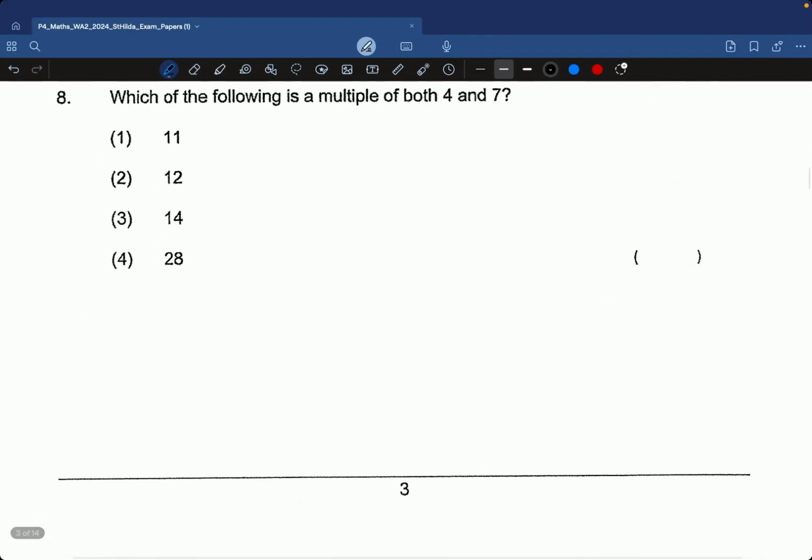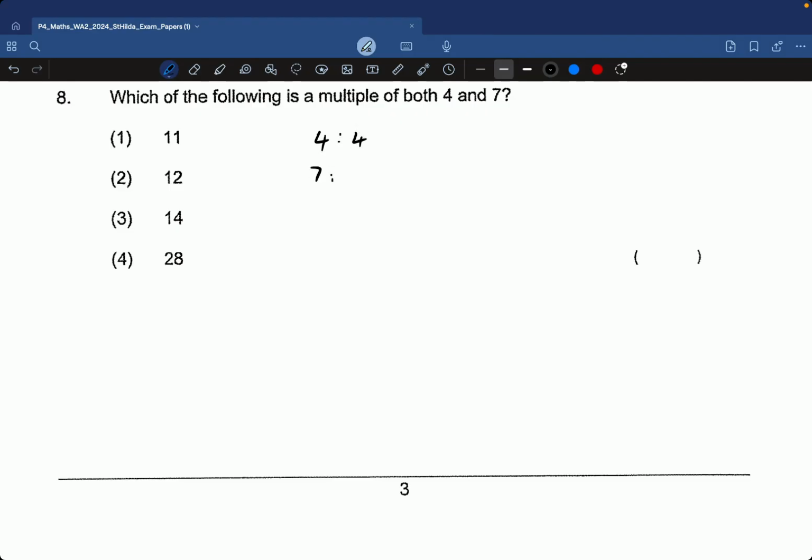Question 8. Which of the following is a multiple of both 4 and 7? Right? So you see there is a couple of numbers: 11, 12, 14, and 28. So when it says multiple, meaning that what is 4, 7, the different multiples, right?